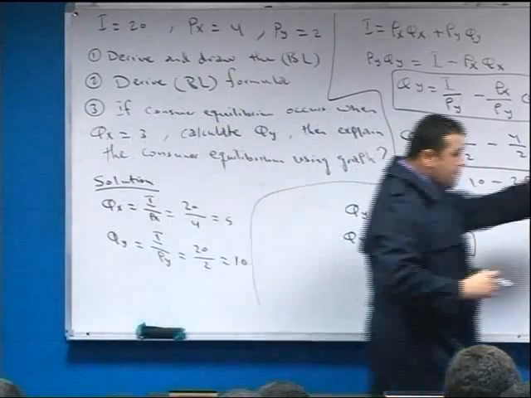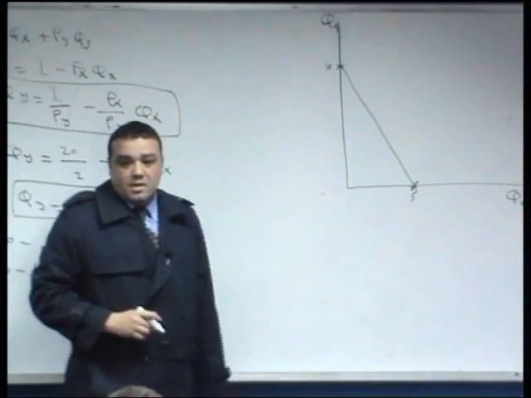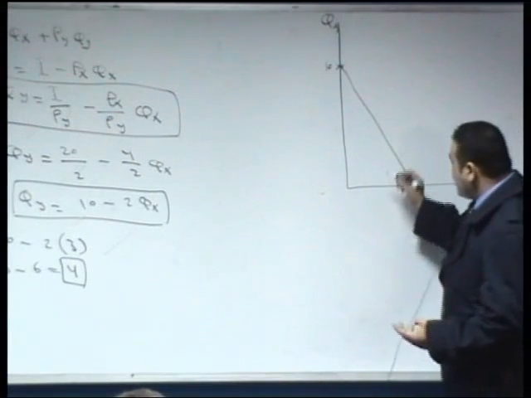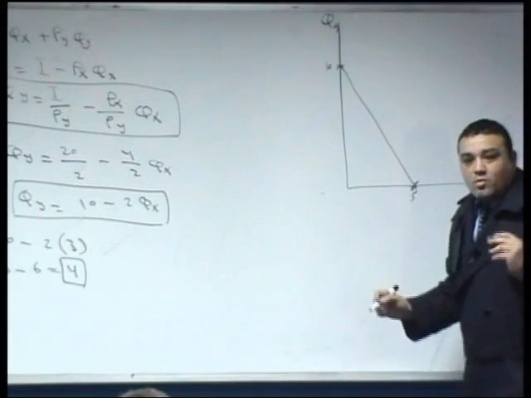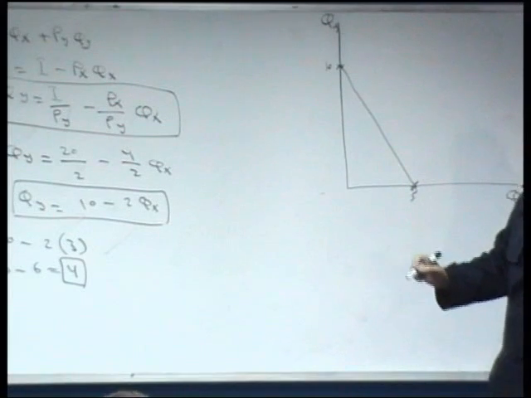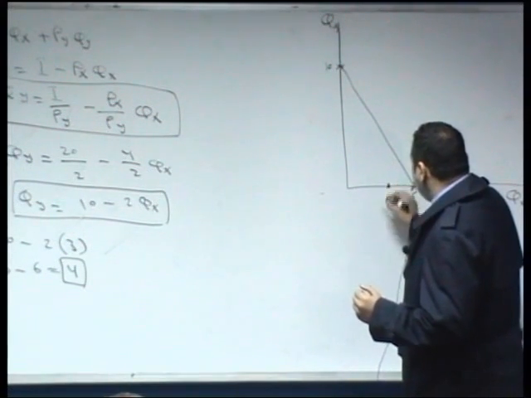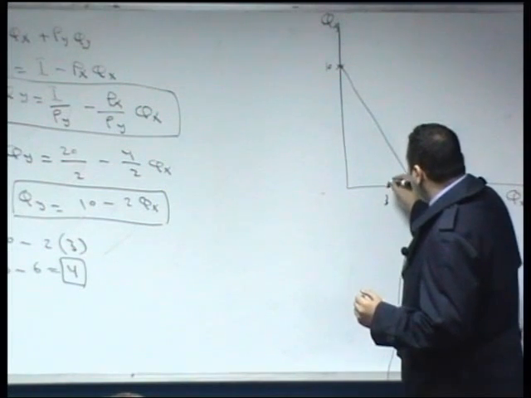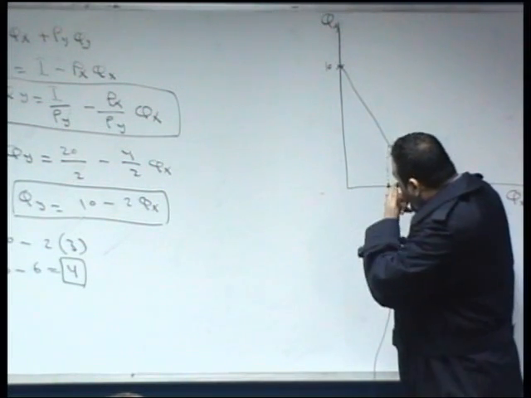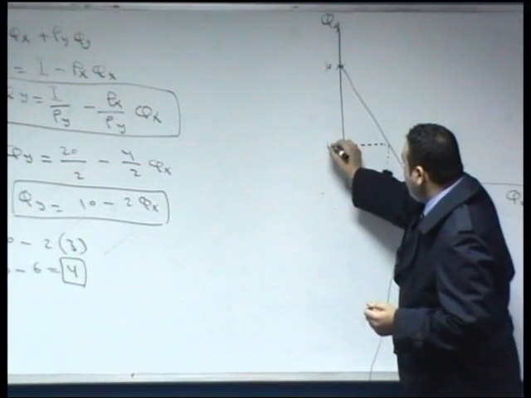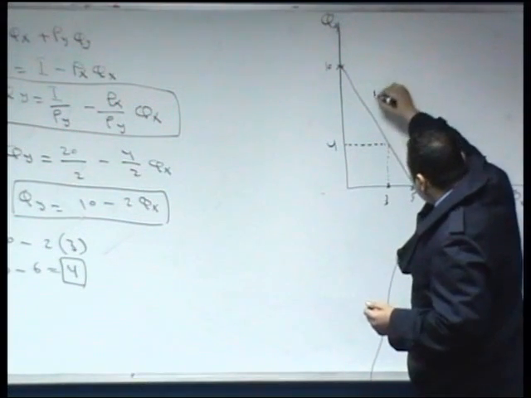So let's come back to this diagram. The question said that suppose the equilibrium occurs when the consumer consumes 3 units of X. So at 3 units of X, suppose it was here, we have calculated Qy equals 4. So this is the equilibrium.